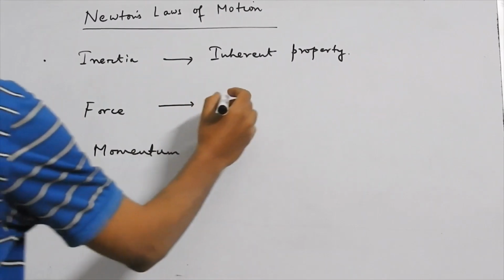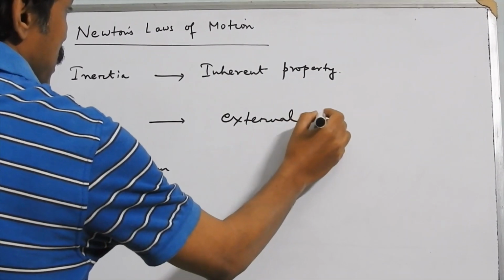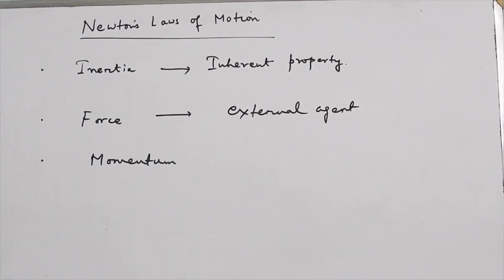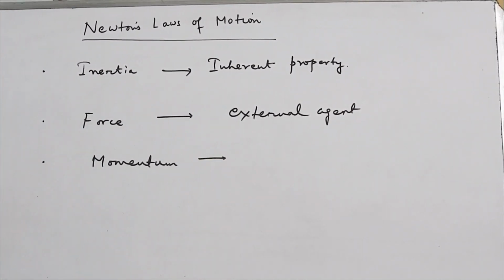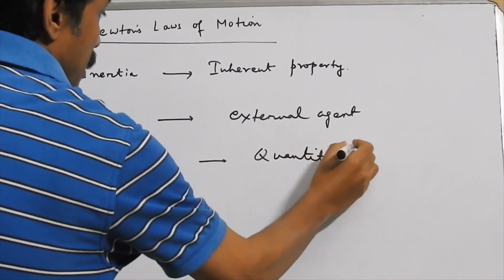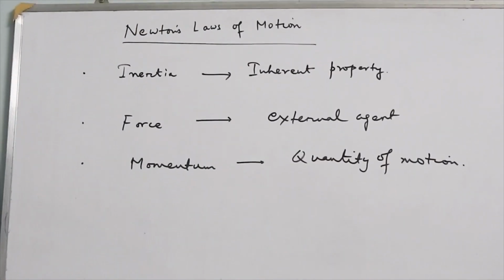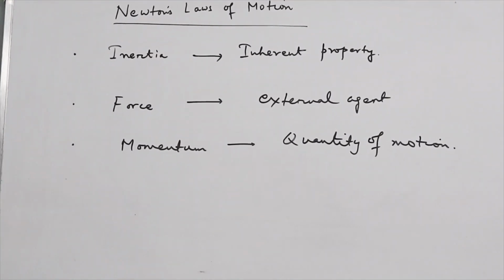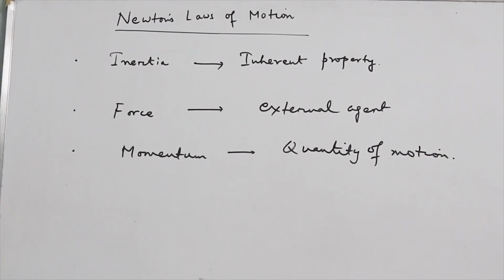A force you can call an external agent that is necessary for producing motion in a body, or necessary to bring a moving body to rest. And momentum is actually the quantity of motion possessed by a body. So these three terms are somewhat interrelated. These are three different physical quantities. They are interrelated, and Newton's laws of motion continue to the description of all of these physical quantities.